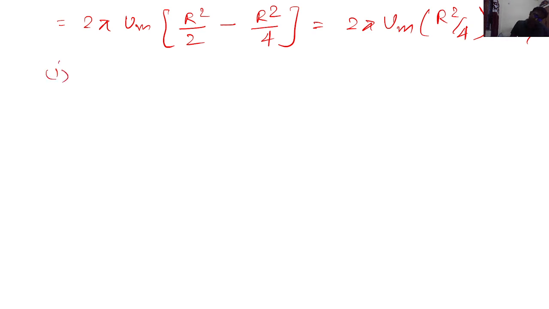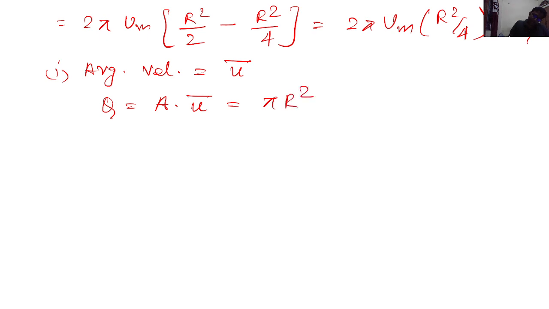Now the first question is about the average velocity. Let us suppose it is u bar. So Q can be written as the total cross section area times the average velocity, which is equal to pi R square times the average velocity. So just equate these two terms.